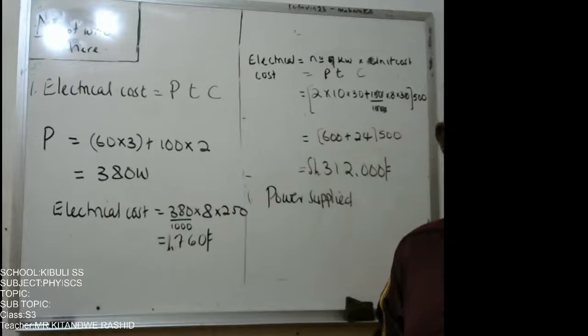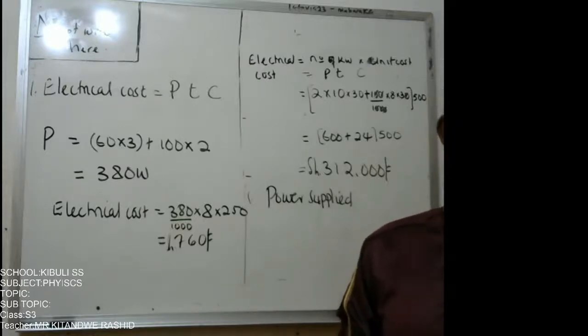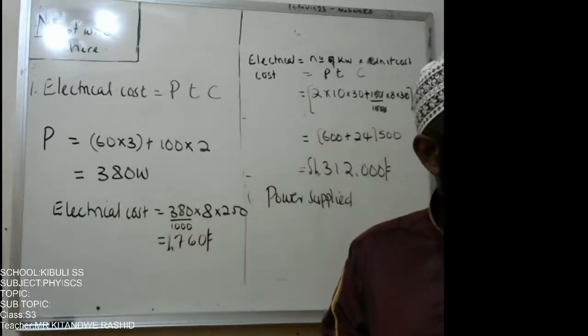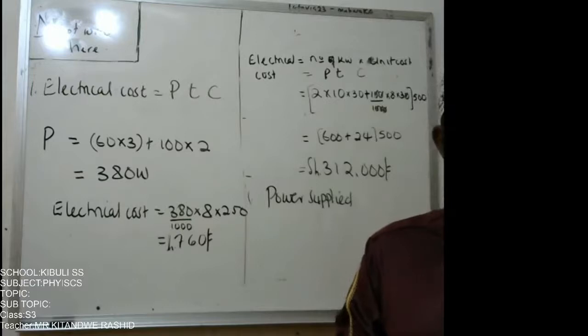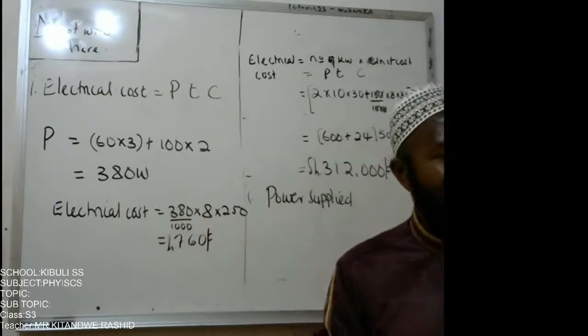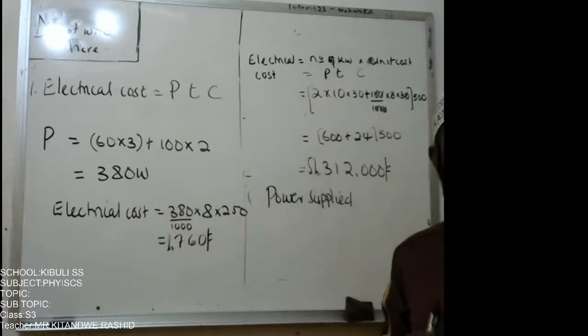According to what we are given, the power is going to be equal to what? We are not going to tell you now. Power, we know the formula, there are 3. There is P is equal to IV. We also have P is equal to V squared over R. Another one is I squared R. Now, of those formulas, none is working here.